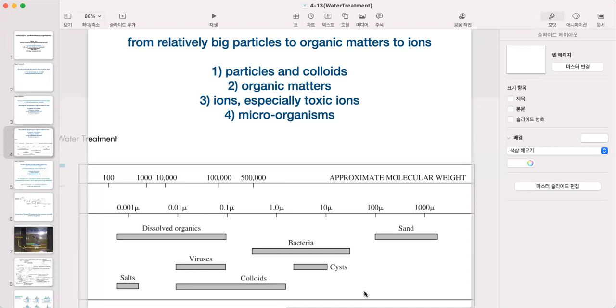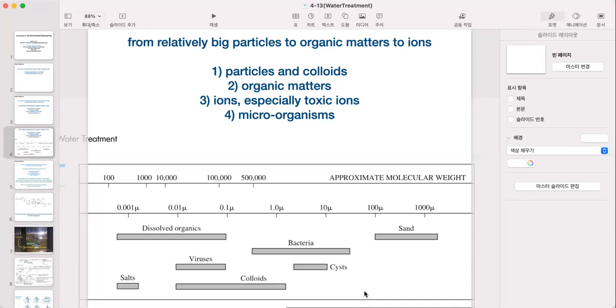Why different? We are not ready for that. So China and Korea, we use 2.5 and 10.